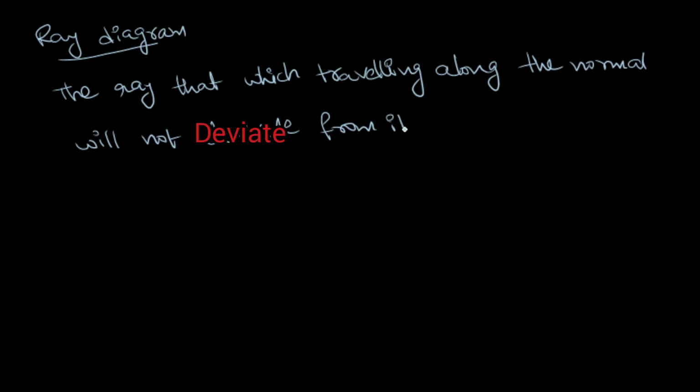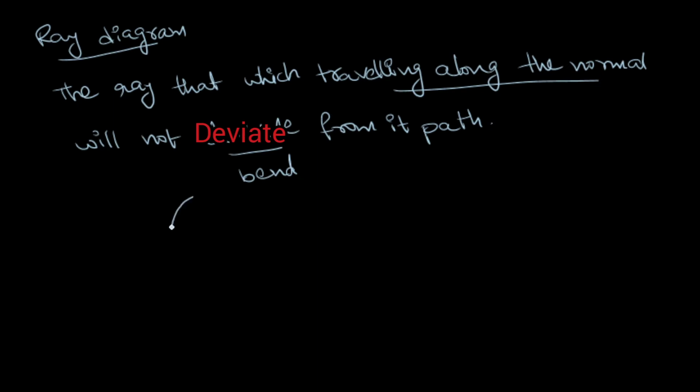What is deviation? Bend. Okay, from its path, will not bend. Deviation is nothing but bend from its path. This is given by Snell's law. Whenever the light ray is traveling along the normal, this ray will not deviate from its path. I will give you one example.